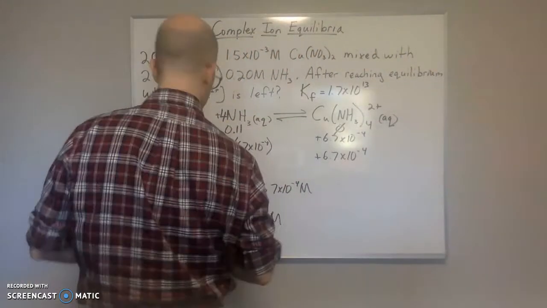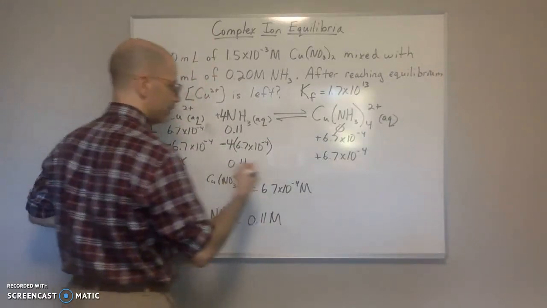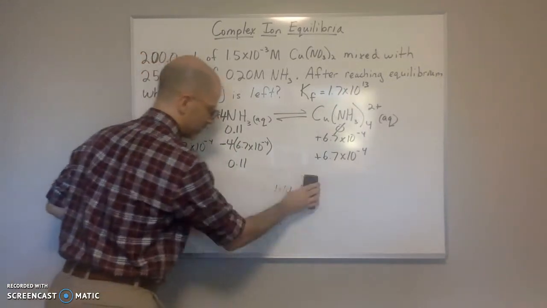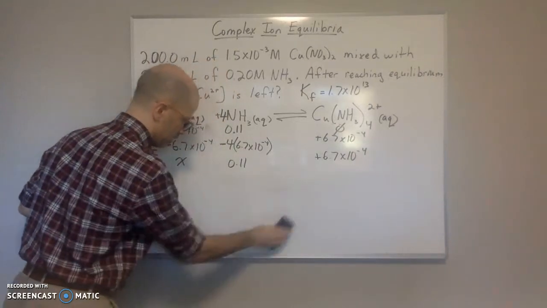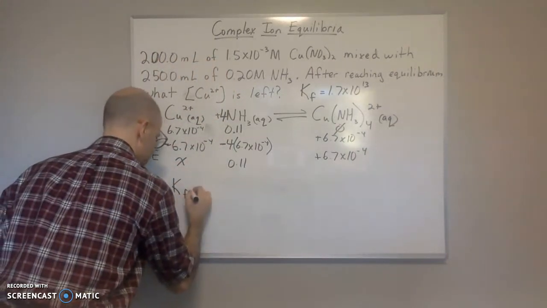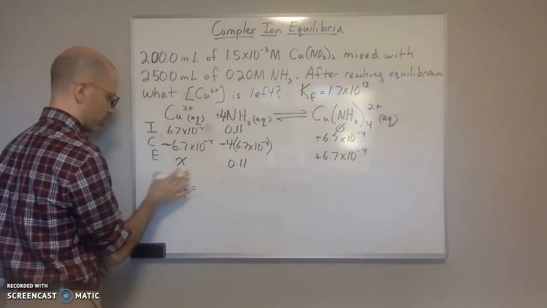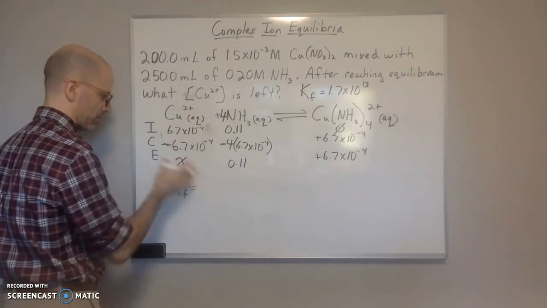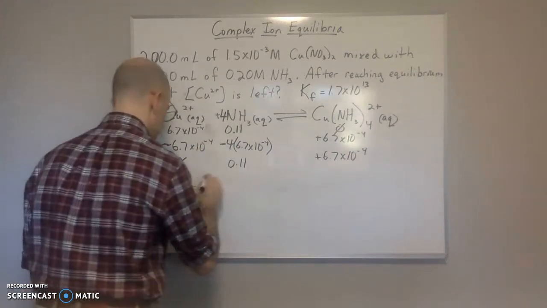Okay, so now all we need to do is get our equation, so I can erase this. And so now we're going to set up our Kf expression, and this is the equilibrium of formation, so the equilibrium constant of formation. So this is the equilibrium expression.